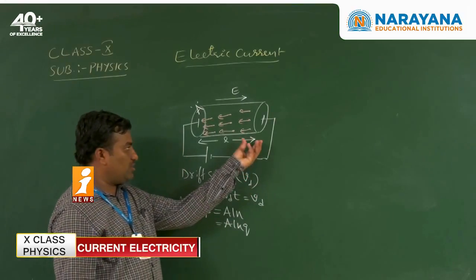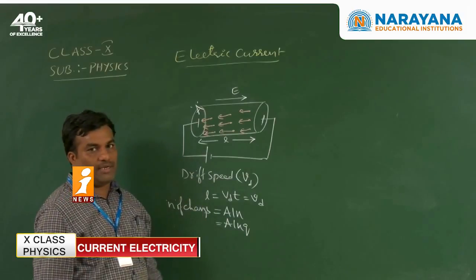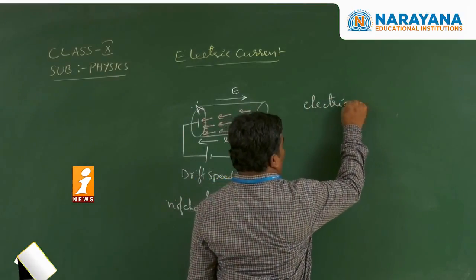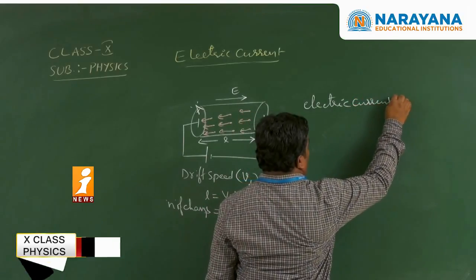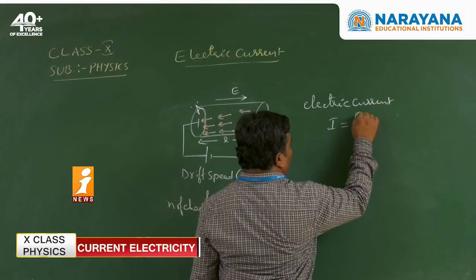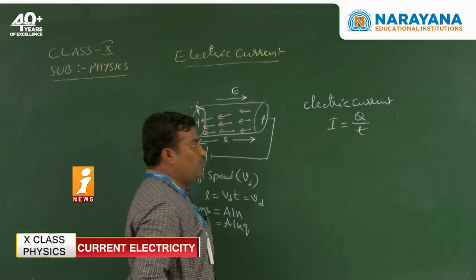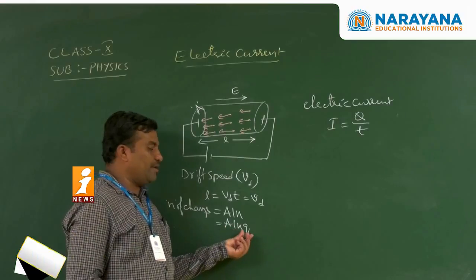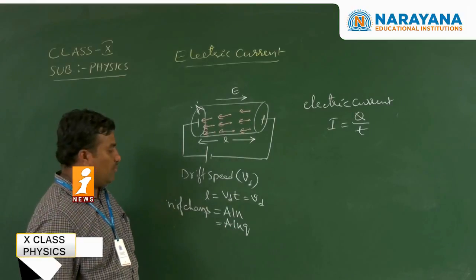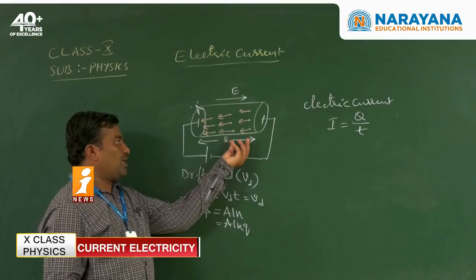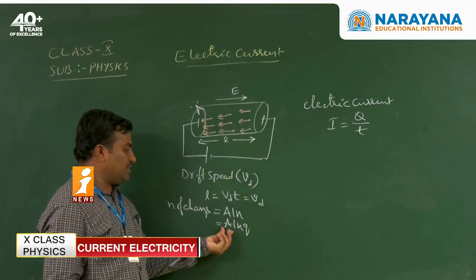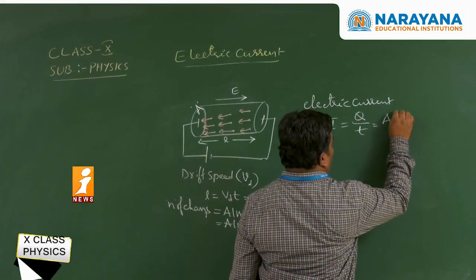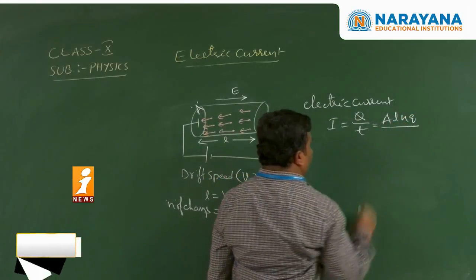When all the charges travel from one place to another, the electric current I is equal to Q by T. The total charge in the volume is A L N Q, so I is A L N Q by time.